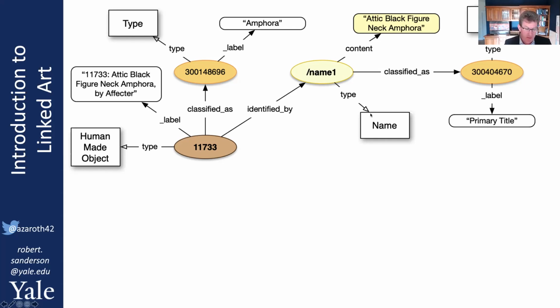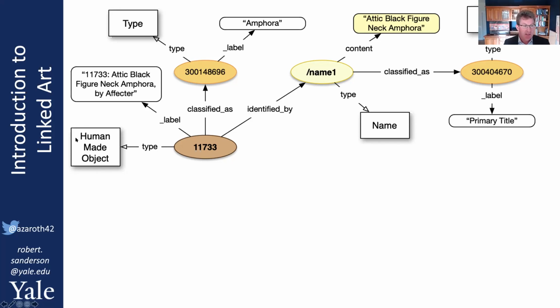Type is again the class of the entity. In this case, it's a name. And folks who are familiar with CRM will say, there's no class name. Sanderson, what are you talking about? So in JSON-LD and Linked Art, we can map from the more technical ontological properties and labels, such as E33, E41 linguistic appellation, to something a little bit more developer friendly, in this case, name.